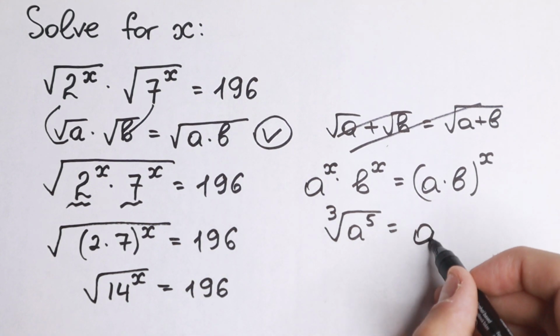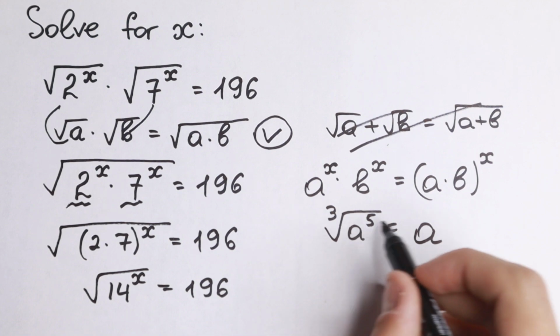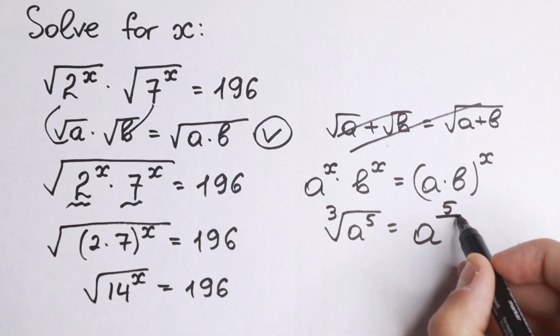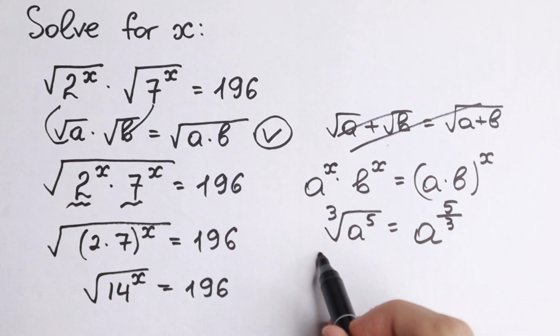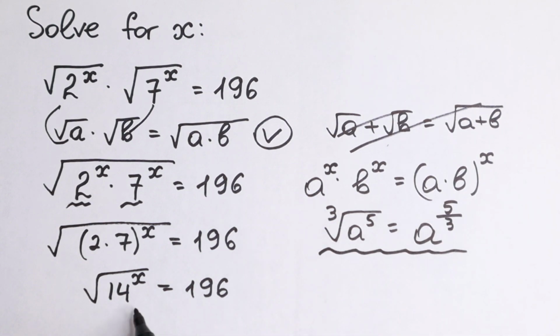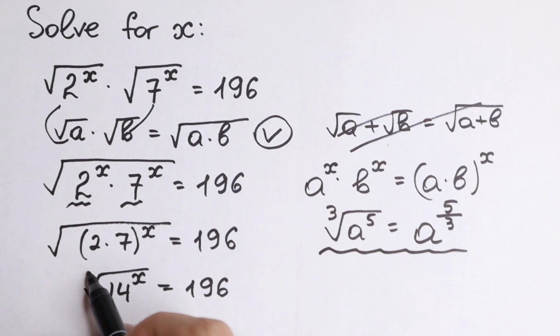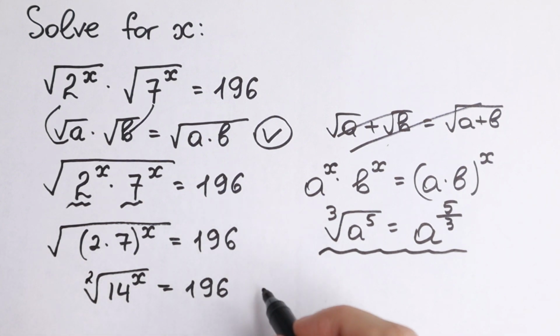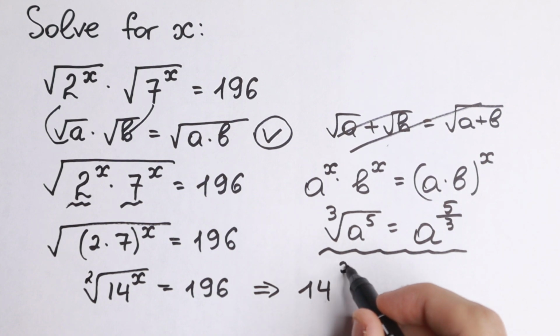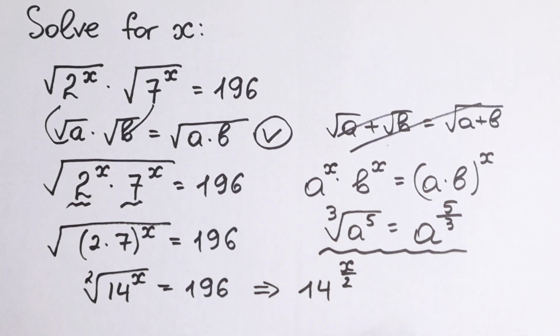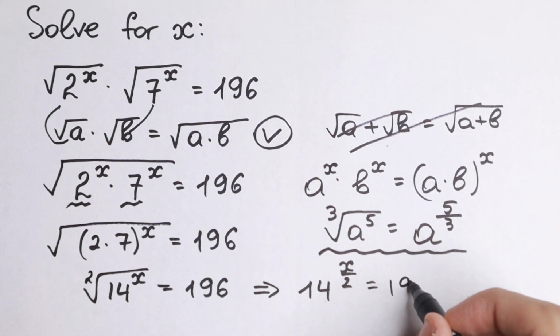So we can write it as a to the power 5 in our numerator and 3 in our denominator. This is the power of the root. So this rule we can use right here. This is our 2, and of course we can easily write it as 14 to the power x over 2 equal to 196.